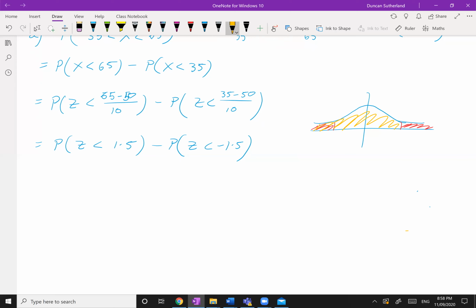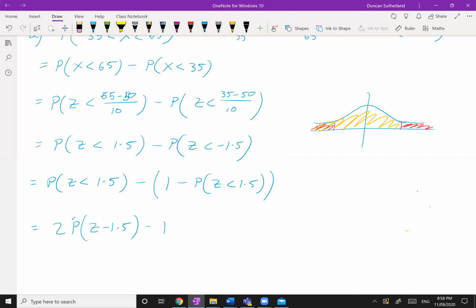Now the yellow area is something that's tabulated, so we can compute that. So we can redo this as brackets 1 minus P(Z less than 1.5). So that's 2 times P(Z less than 1.5) minus 1.